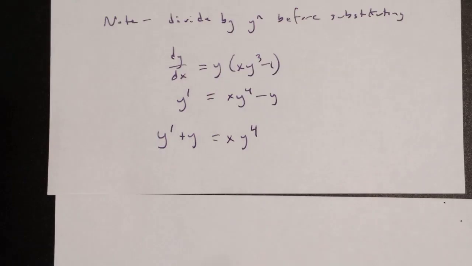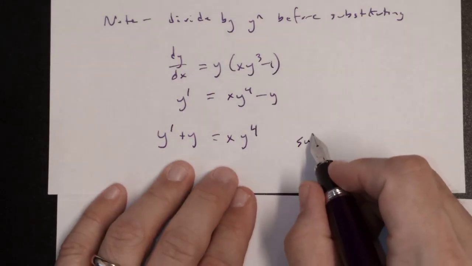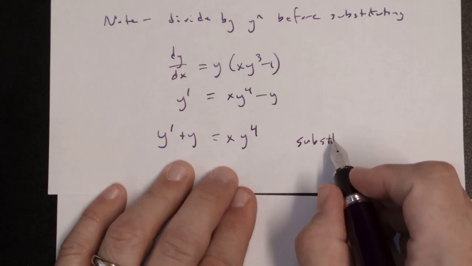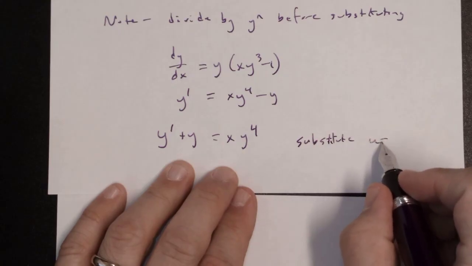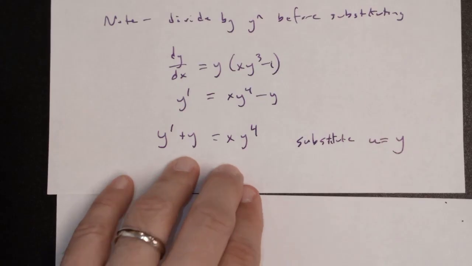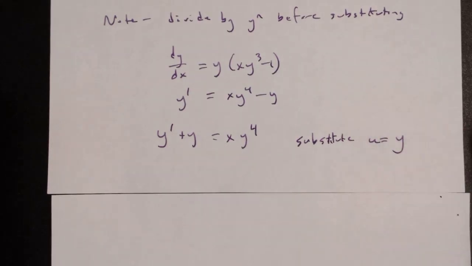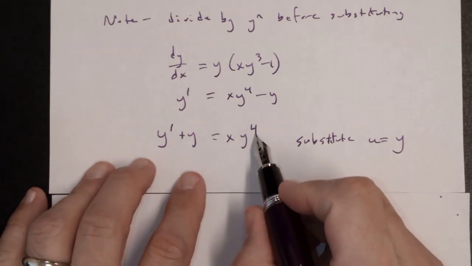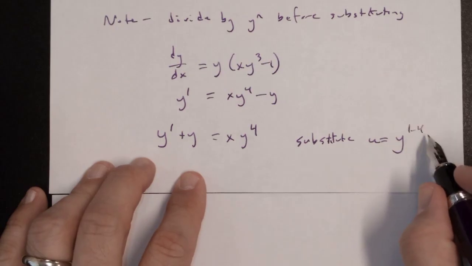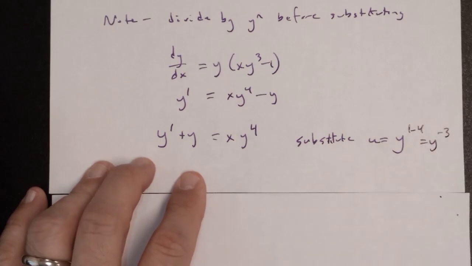So according to Bernoulli, what's my substitution? I want to use u equals something with y. What was the formula for the substitution here? n is the power over here, so it'll be 1 minus 4, or y to the negative 3.